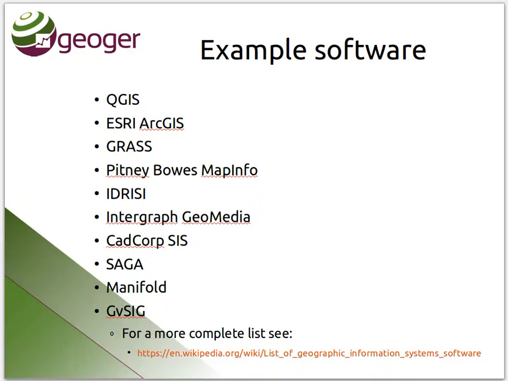SAGA is an open source package that handles GIS data, and it's very good at dealing with raster data sets in particular. There's a more complete list available at the link that I've put there.